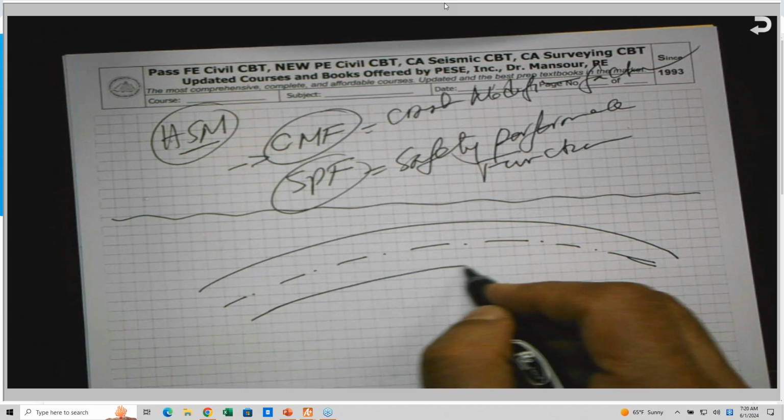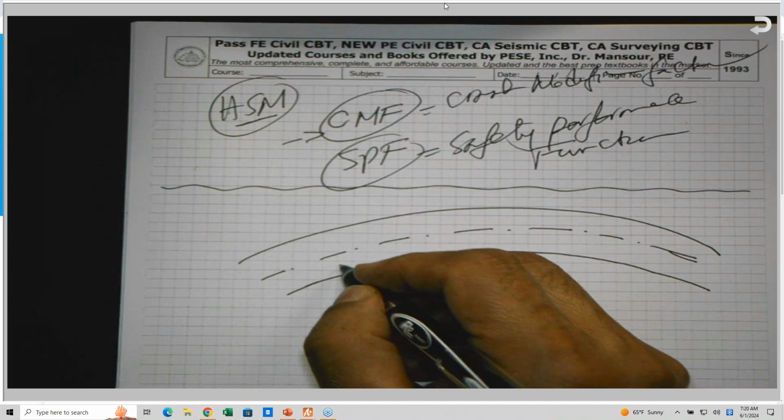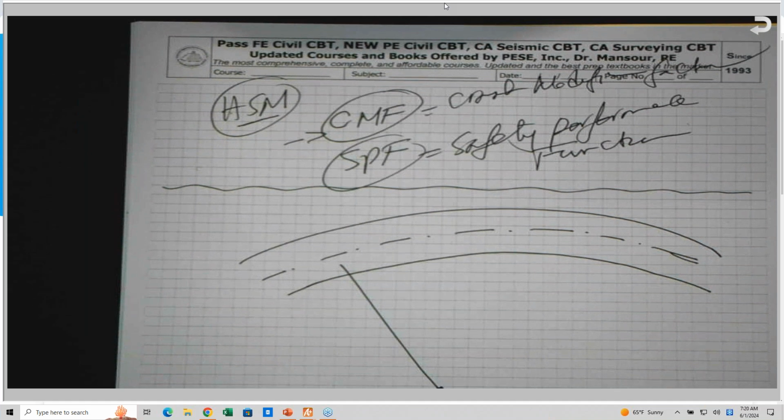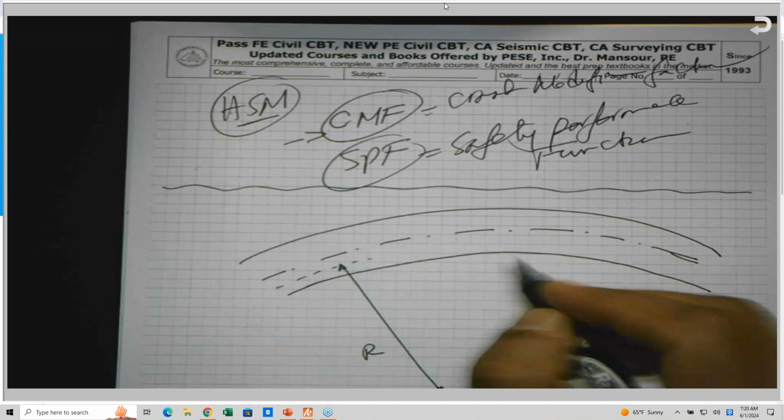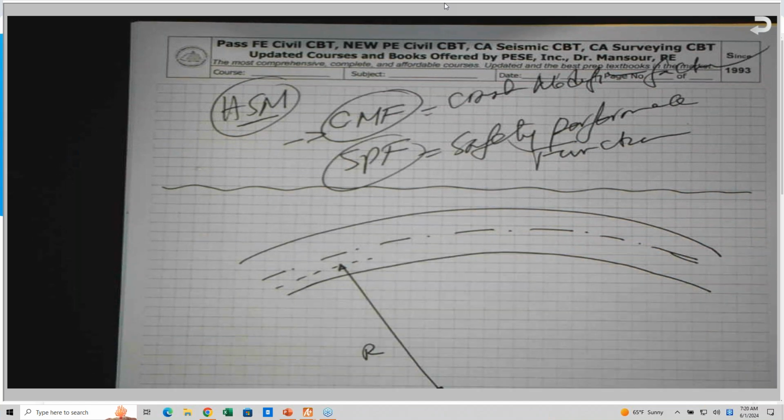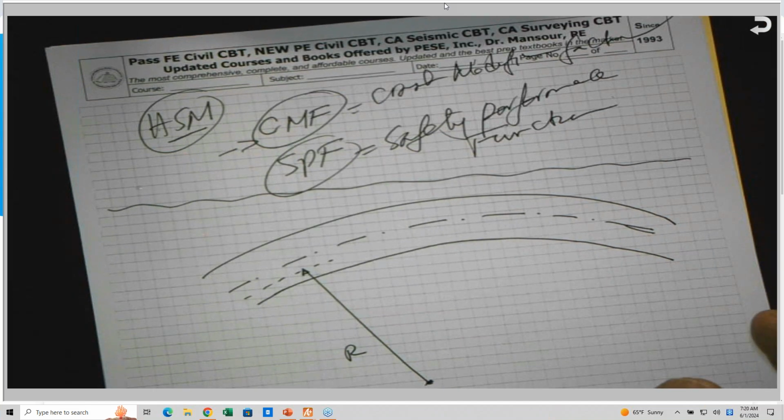Here it is. I'm trying to draw as much as I can. So we take R to the center line of the inside lane. Okay, so I need you to be aware of that, unless he gave you something different, and I will be glad to send the problem, look at it again.